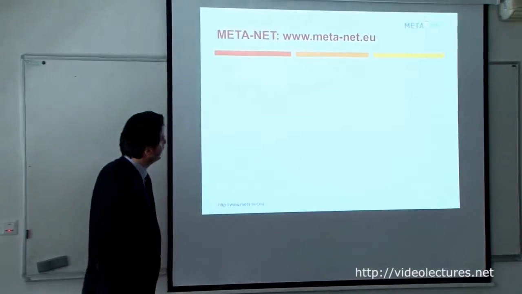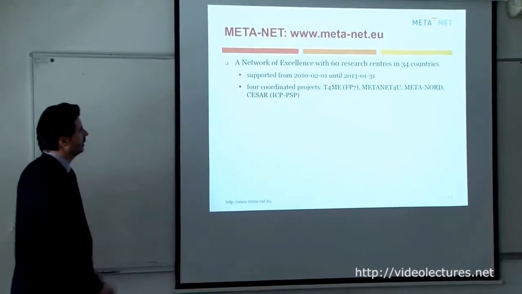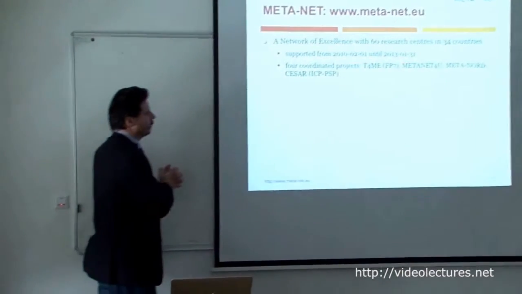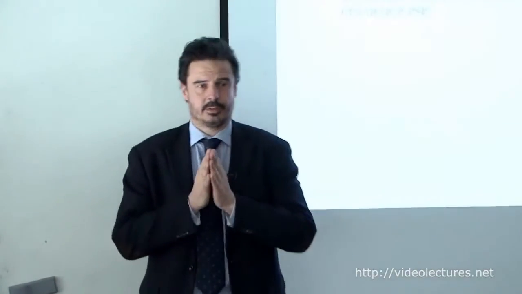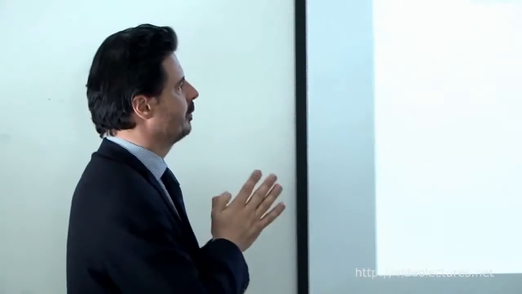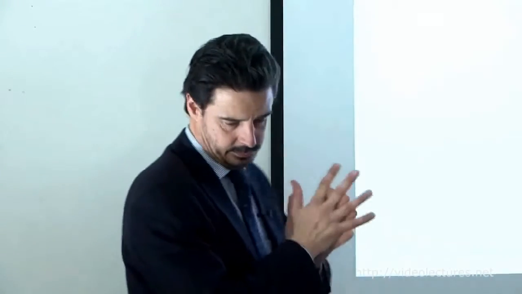So this is the web address where you can find something about the network. At this moment, officially the funding is completed, so officially the project ended on the 31st of January this year. But the Network of Excellence at this moment is composed of 60 research centers from 34 countries.